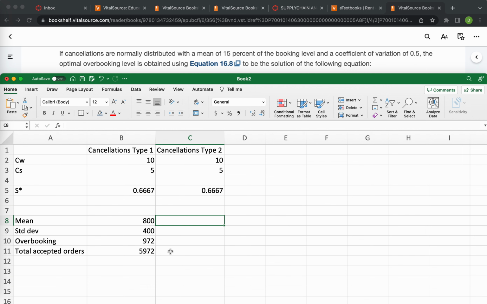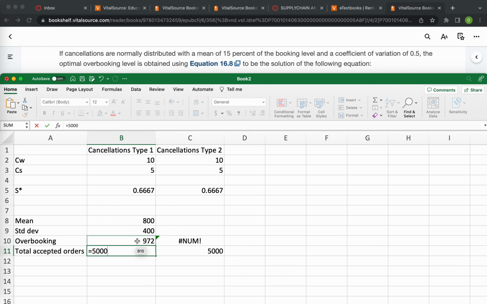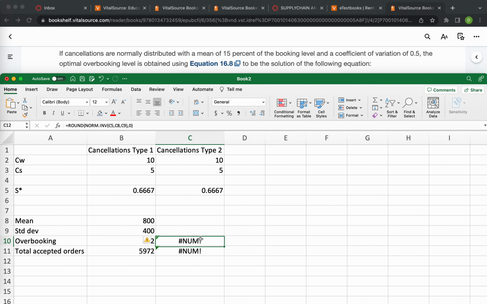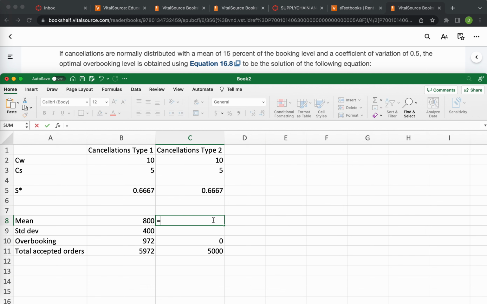So let me write the same formulas here just for the time being. So the mean is going to be 15% of whatever the booking level is.